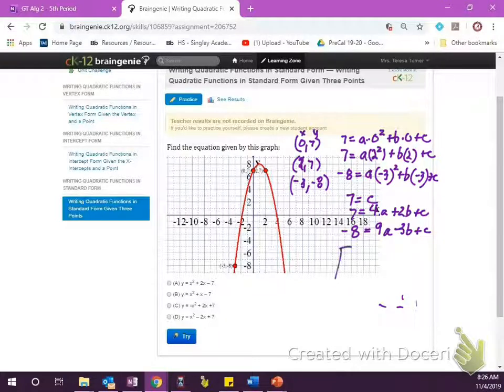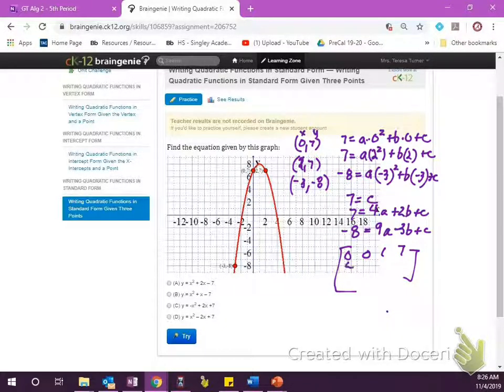Then you're going to set up the matrix. Remember that the numbers written on the left side of the equation have to be on the right in the matrix. So we have no a, no b, 1c is equal to 7.